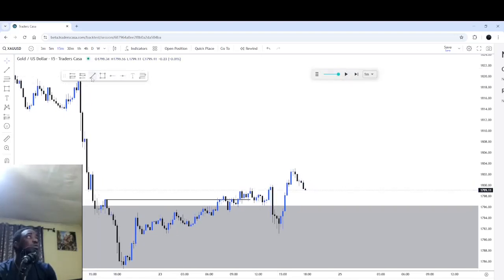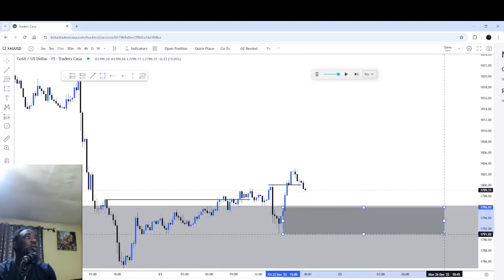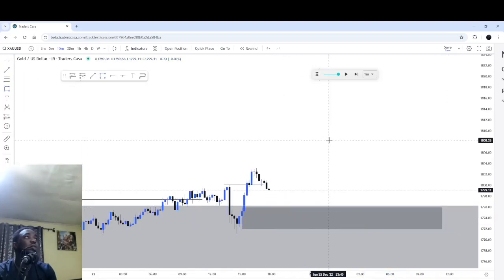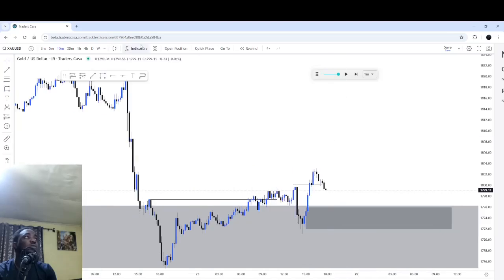Okay, so we've gotten another break of structure here. So I think we can use this side, this zone, as our demand zone. So we'll set our order here.